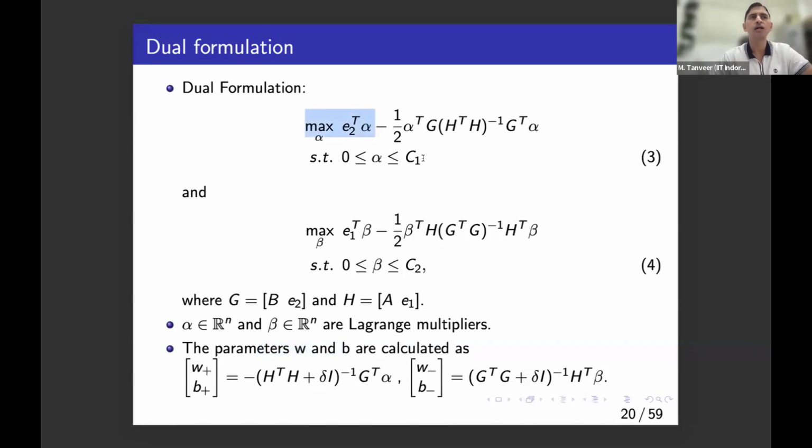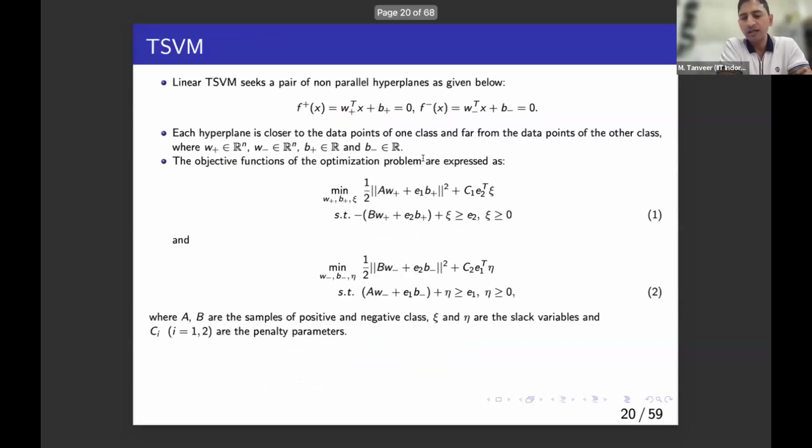But later on, I think in 2011, Shao and co-workers developed another variant called twin bounded support vector machine. They essentially incorporate an extra regularization term in each objective function.